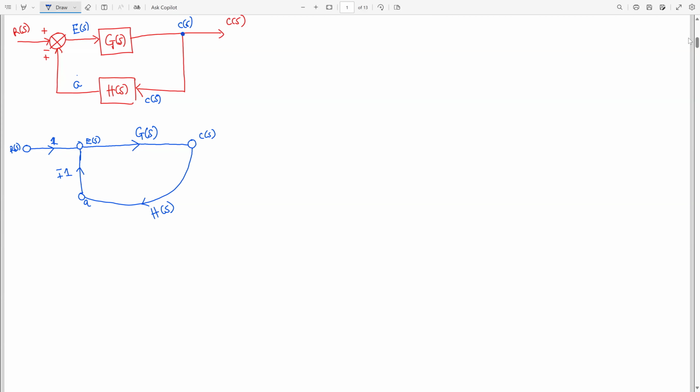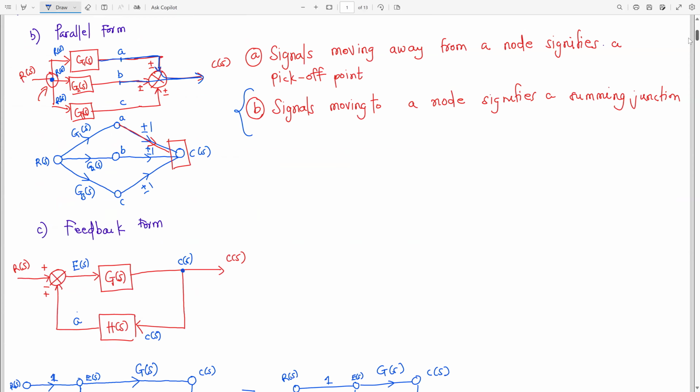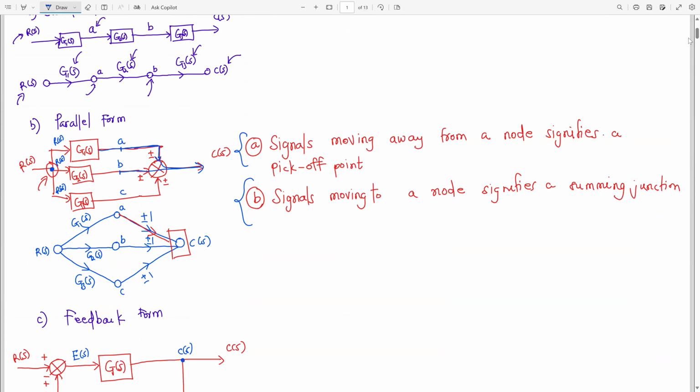You can just multiply the transfer function of this by the transfer function of this, and you get an equivalent of H of S, C of S, G of S. This signal is the error signal E of S. Now we again prove our first postulate that once signals are moving into a node.